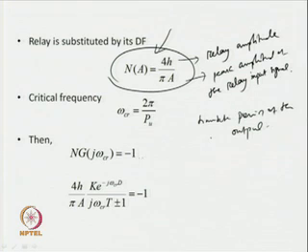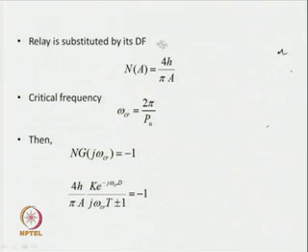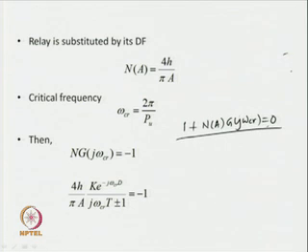Then, since the characteristic equation of the relay closed loop control system is 1 + N(a) G(jω_cr) = 0, this is the characteristic equation of the relay control system. Using that, we can write N G(jω_cr) = -1.